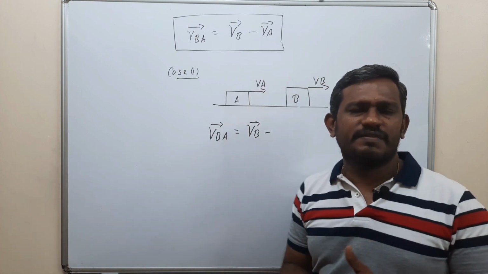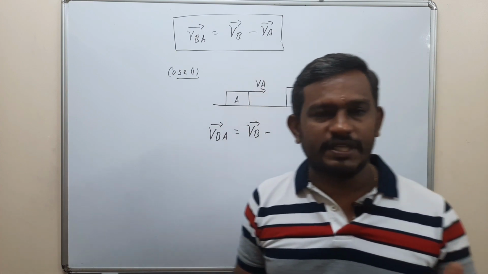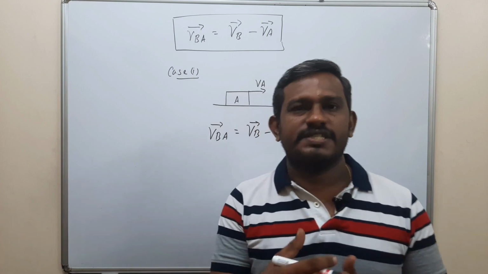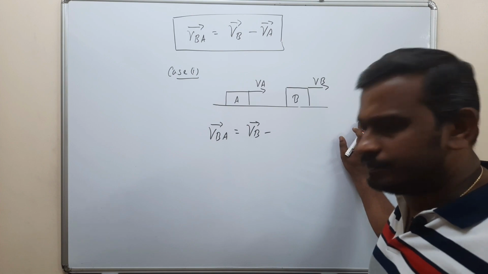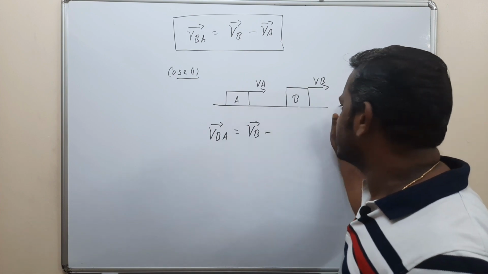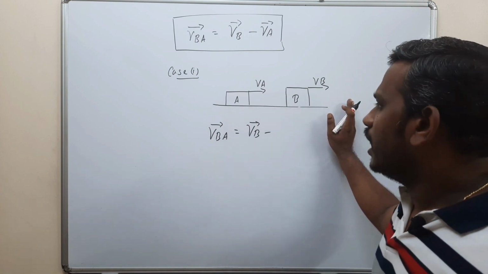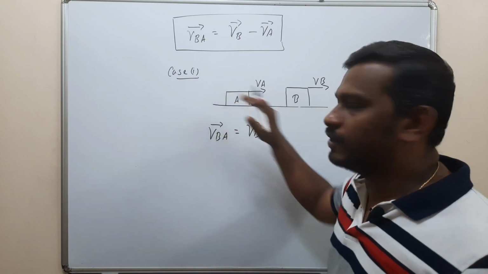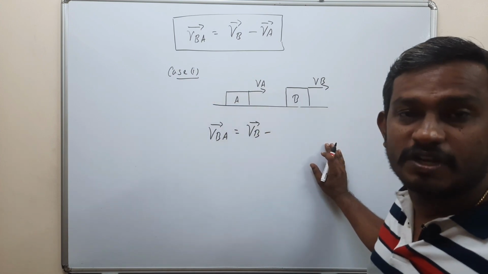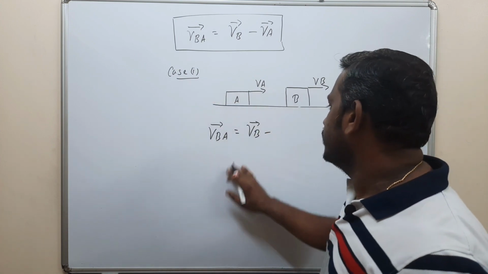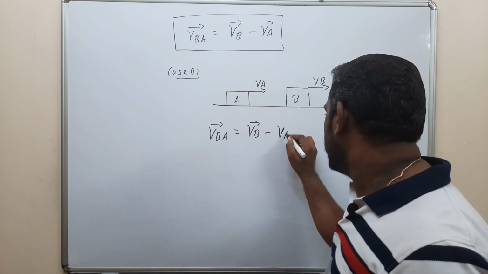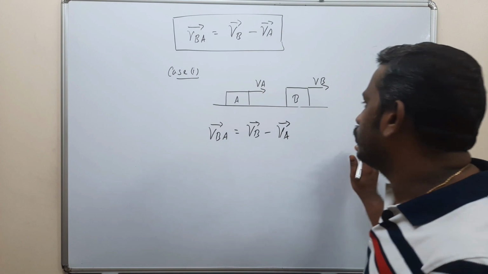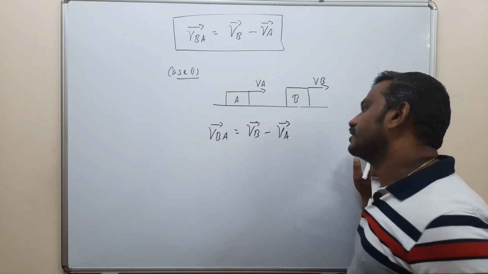Velocity is a vector quantity. The object moving in the rightward direction is taken as positive, and the object moving in the leftward direction is taken as negative, because velocity is a vector quantity. So vB vector minus vA vector, because both the objects are moving in the rightward direction.